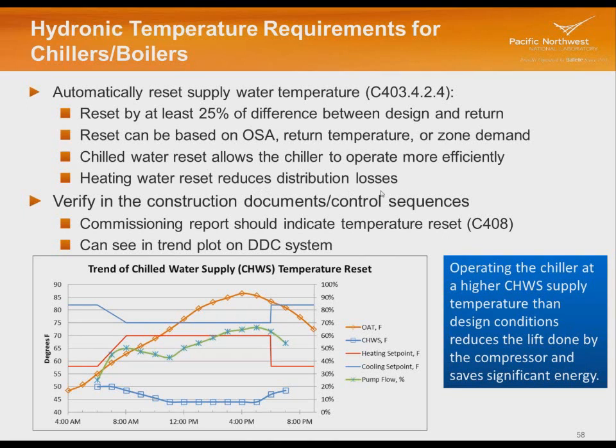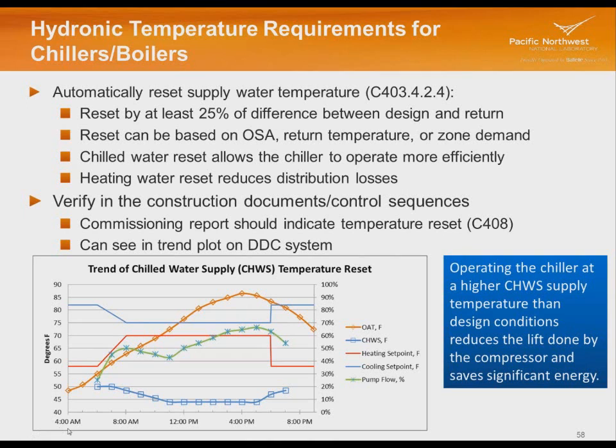So we can also reduce distribution losses. All that heating water going throughout the building, even though the pipe is insulated, is losing heat wherever the pipe goes. And we can verify this in the construction controls and sequences. The commissioning report should tell you whether you've got temperature reset. Again, section C408 talks about the commissioning report. Or we can see the trend plot on a DDC system.